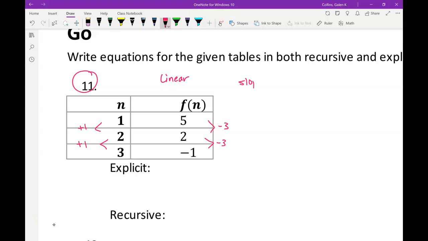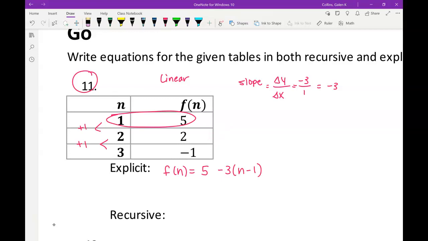So I know that in a linear function, that turns into my slope, my change in y over my change in x. And -3 over 1 is just the whole number -3. So when I'm writing my explicit equation, I could start at this first ordered pair and say f of n equals, well, I'm going to start with the number 5 and then I'm going to subtract 3, but I'm going to subtract 3 n minus 1 times.